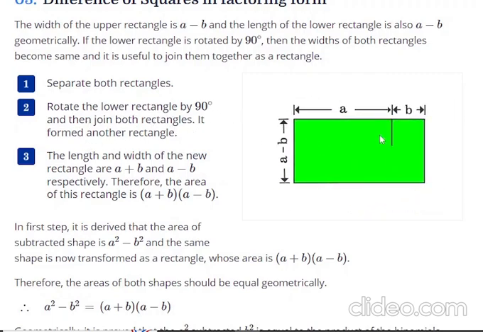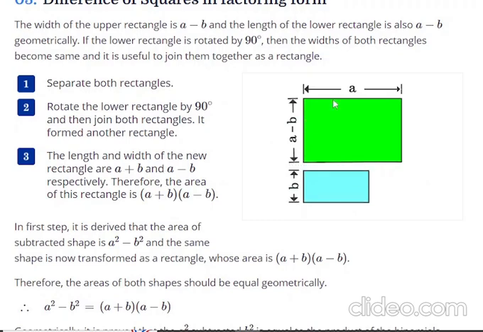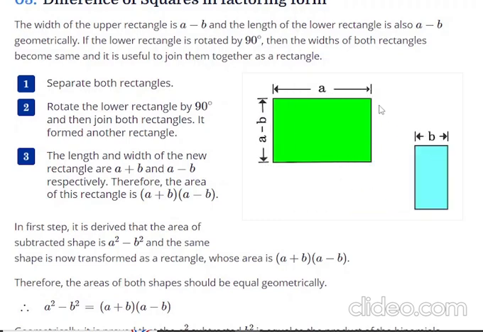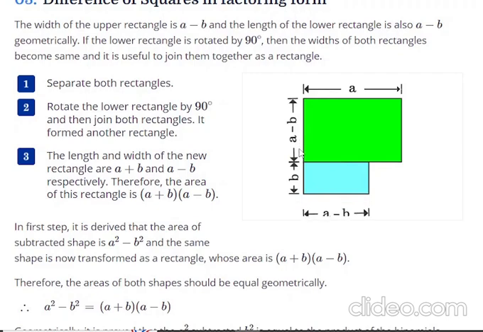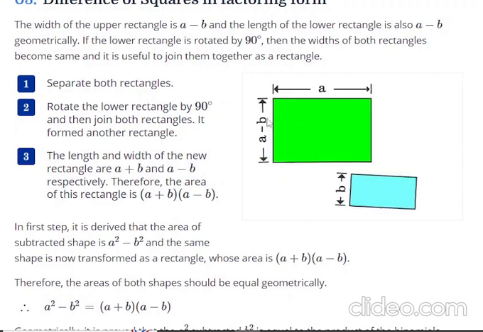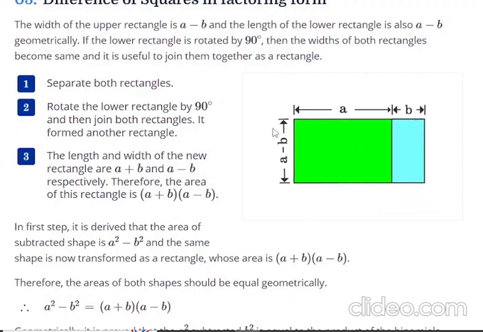It formed another rectangle. The length of the new rectangle is a plus b, and the new width would be a minus b. You can say width or breadth.